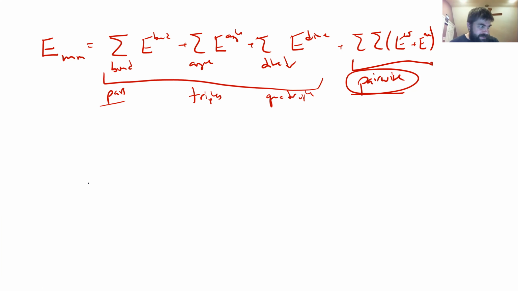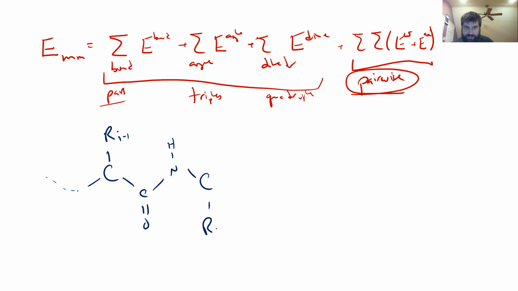And so let's think about this a little bit. Let's start with an alpha carbon. And we have a carboxyl group. And so we have some side chain, and let me call this R-1 for ease. And then we have our amino group, and we have another carbon, and we have our side chain i.